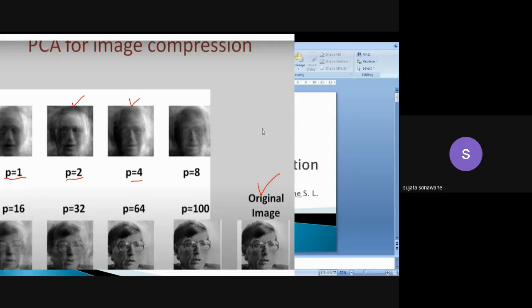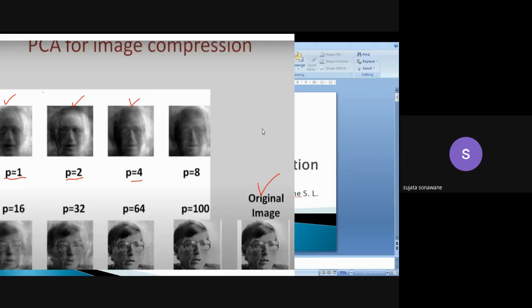Whatever this original image you can see over here consists of a number of features. That is totally reduced in the first diagram. Then some points are added. Now in p equal to 2, we have increased the principal components.